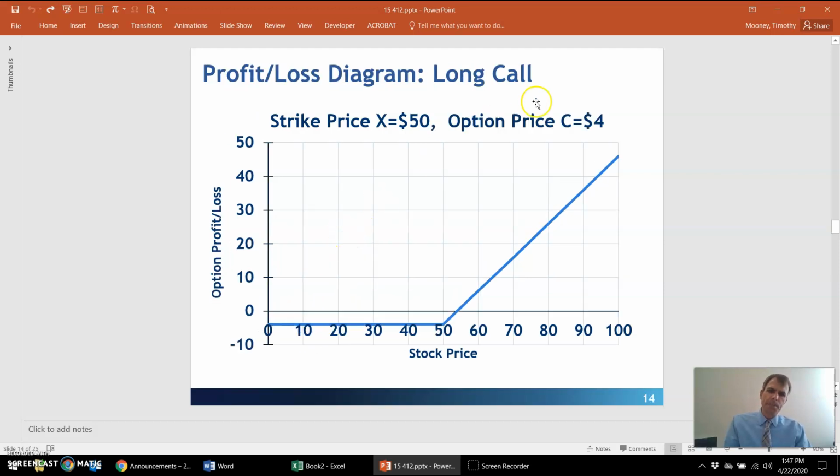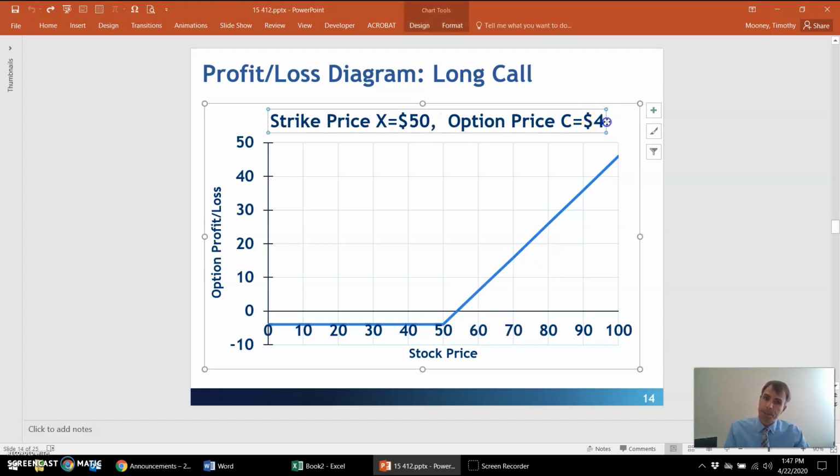If we add to this the price that we pay for a call option, suppose we pay $4 for an option to purchase a share of stock, here's what the profit and loss diagram looks like. It's just shifted down by the price of the option. So if we buy a call option with a strike price of $50 and we pay $4 for it, we don't start making a profit on our option investment until the stock price goes above the strike price plus the option price.